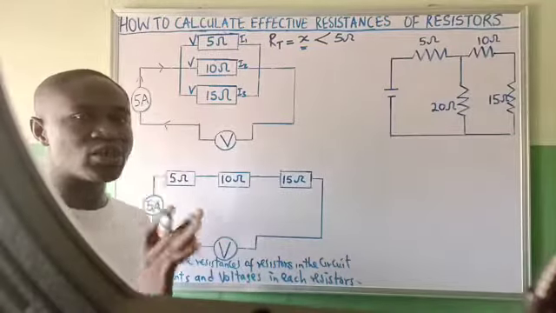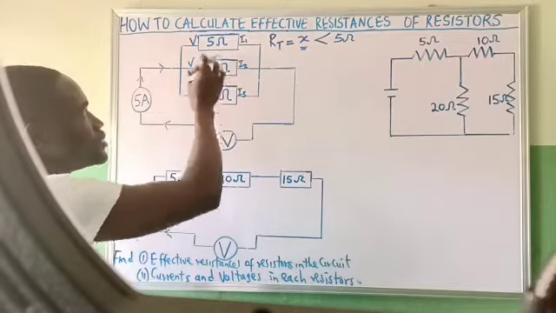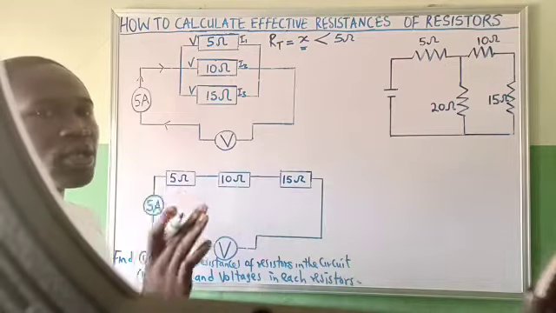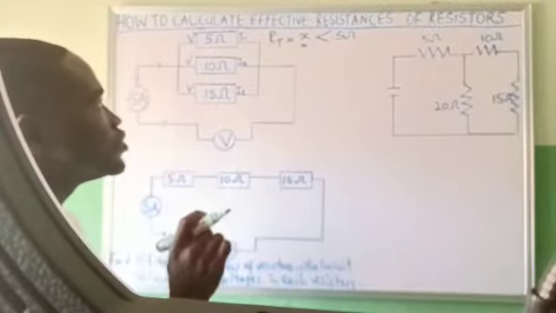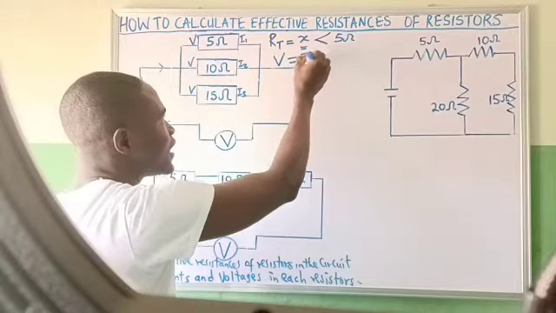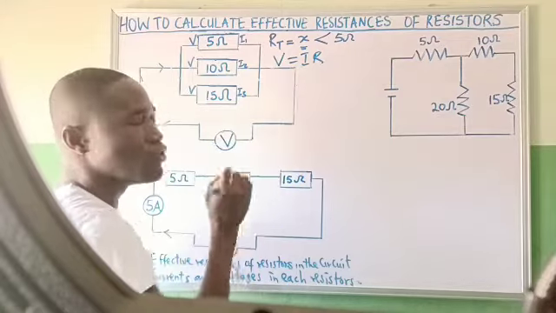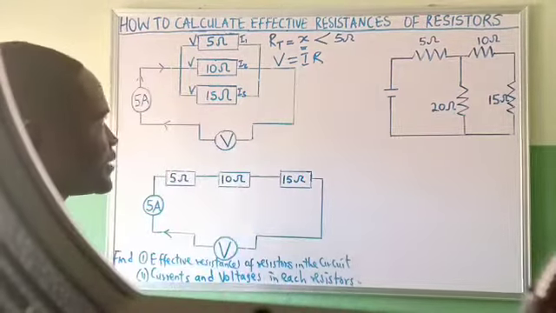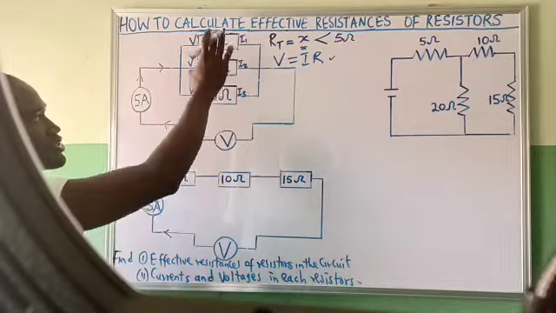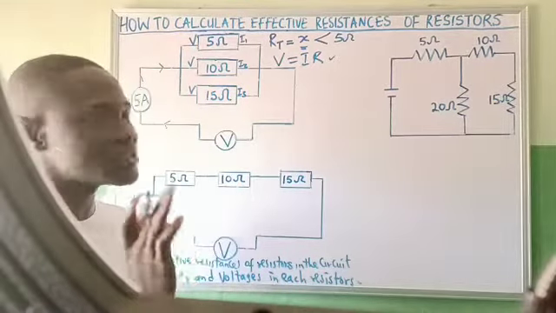In Ohm's law, V equals IR: current times resistance will give you voltage or potential difference. Now, let's see how to resolve these three resistors in parallel to get their effective resistance.